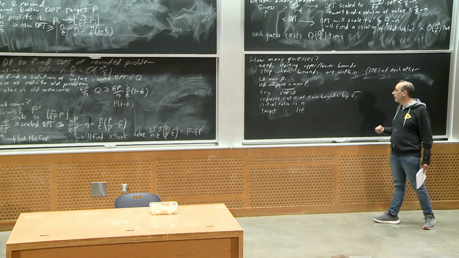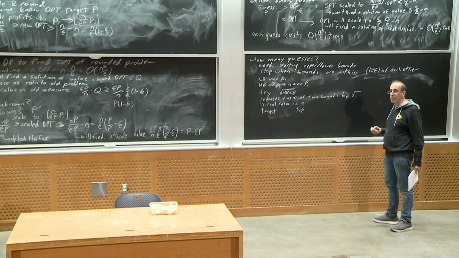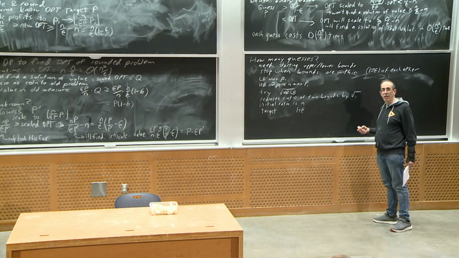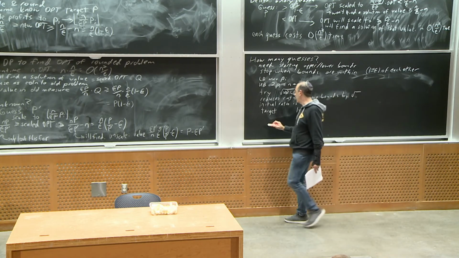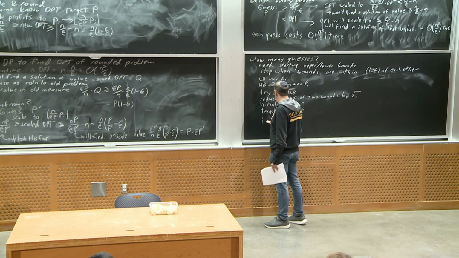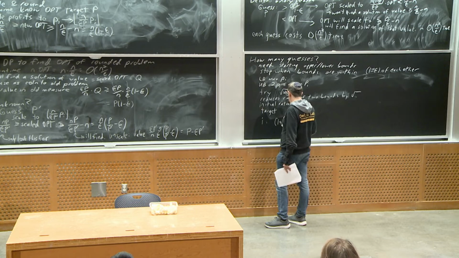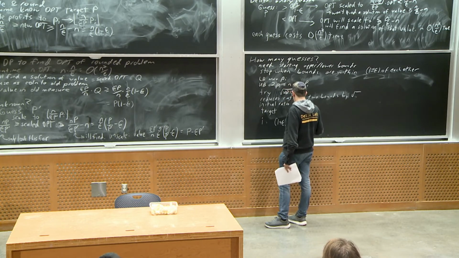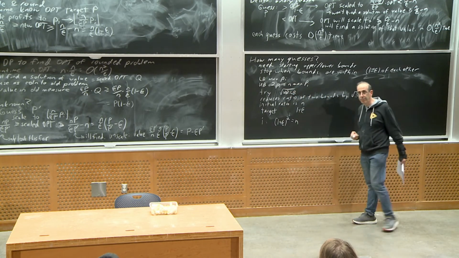Or to put it another way, how many times do you have to square 1 plus epsilon in order to reach n? So the number of iterations i is such that (1 plus epsilon) to the 2 to the i power should be equal to n.